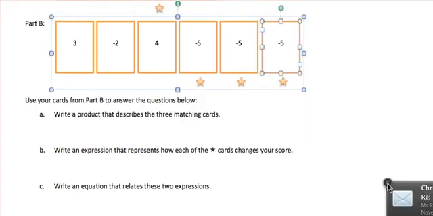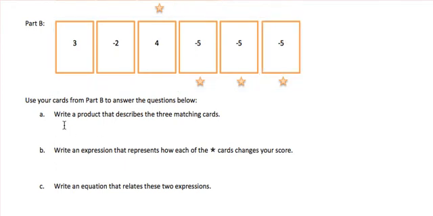So looking at our cards, we can see that we could write a product that describes these 3 matching cards. Because when you have repeated addition, you actually have multiplication. So we will write -5.